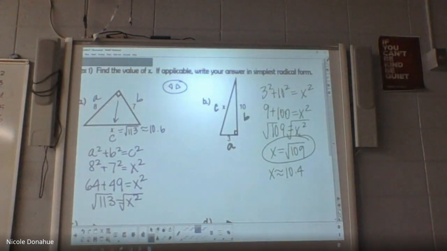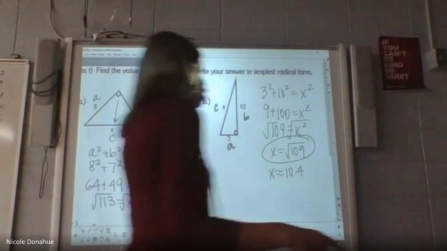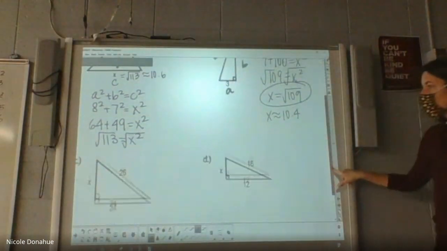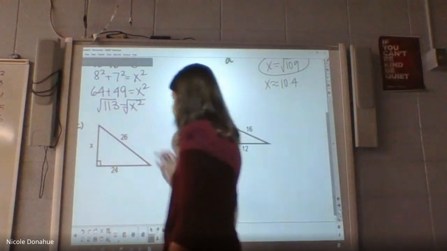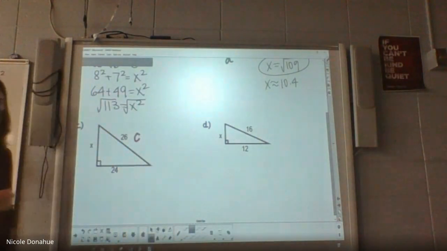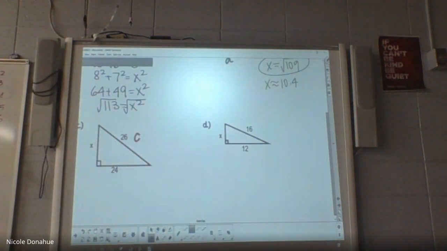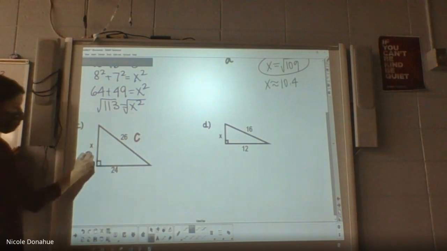Now, C and D are a little bit tougher because this time you're looking for a side other than C. If you look at letter C, we don't have the missing hypotenuse. So the C value in this case is actually 26. It makes it a little bit tougher to solve, not much, but an extra step or two.